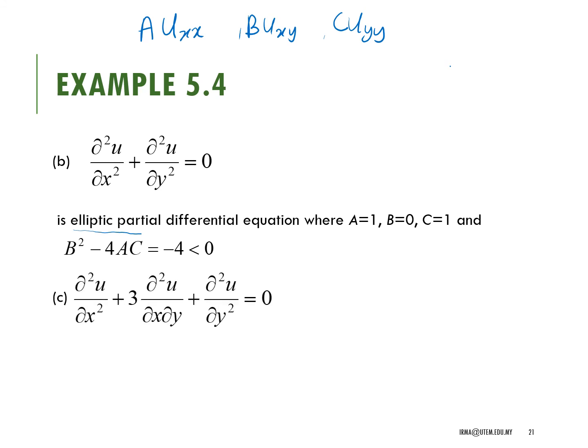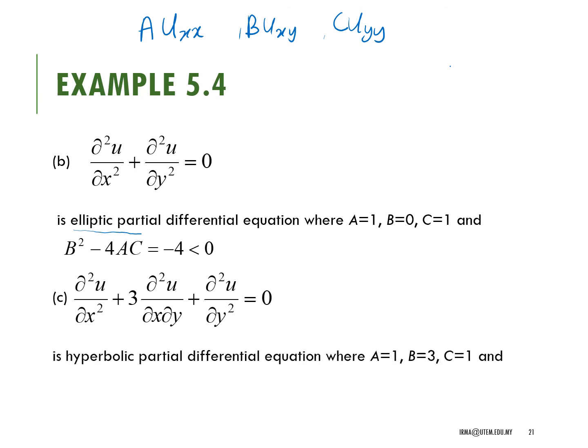The last example for the classification: we have ∂²u/∂x² + 3 ∂²u/∂x∂y + ∂²u/∂y² = 0. Again, you need to extract all the values of A, B, and C, where A is 1, B is 3, and C is equal to 1.